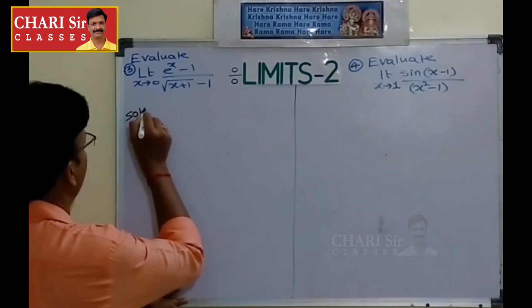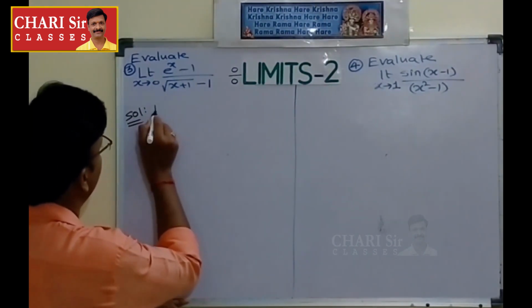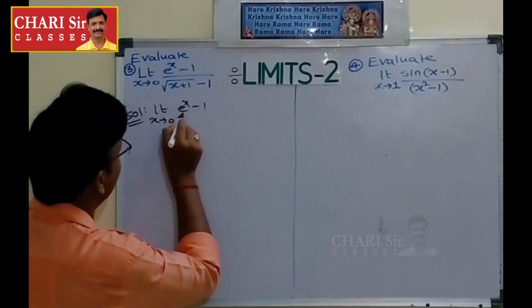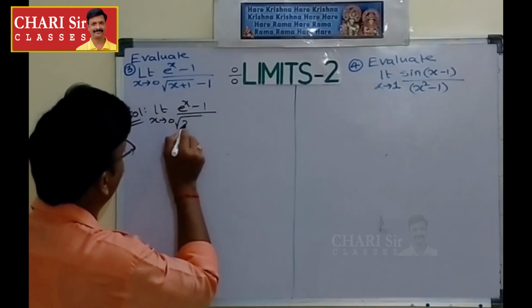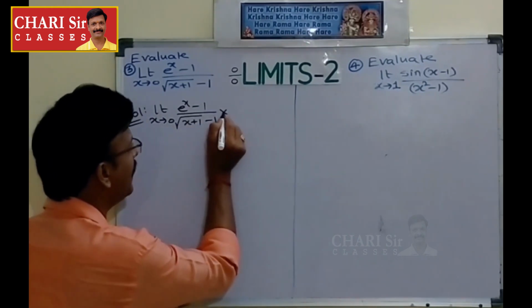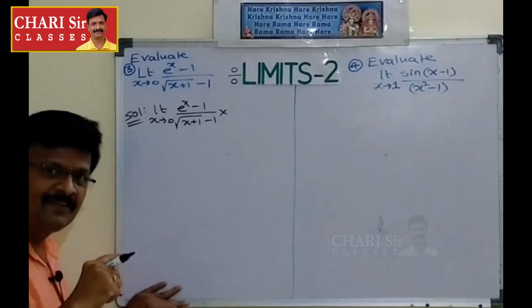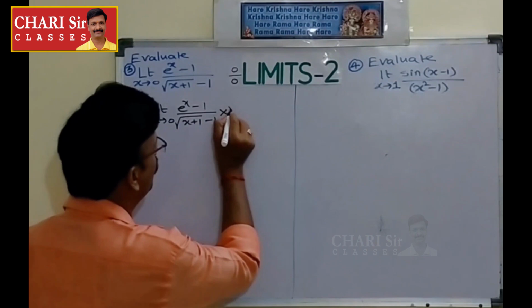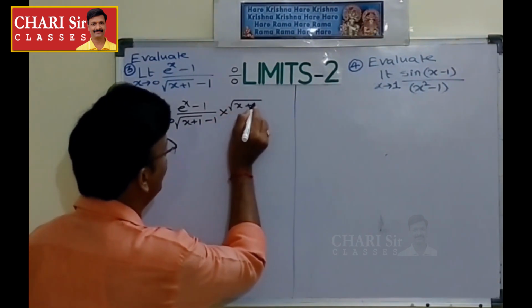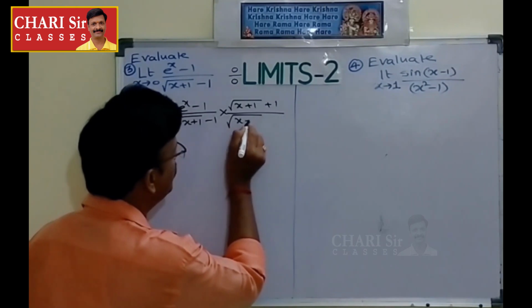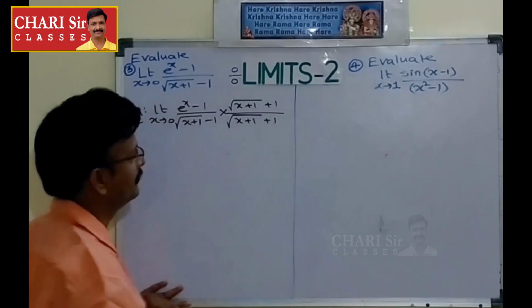Take the given function, limit x tends to 0 (e to the power of x minus 1) by (root of x plus 1 minus 1), and multiply and divide with the rationalizing factor. The rationalizing factor of root of x plus 1 minus 1 is root of x plus 1 plus 1, so we multiply and divide by (root of x plus 1 plus 1), like this.